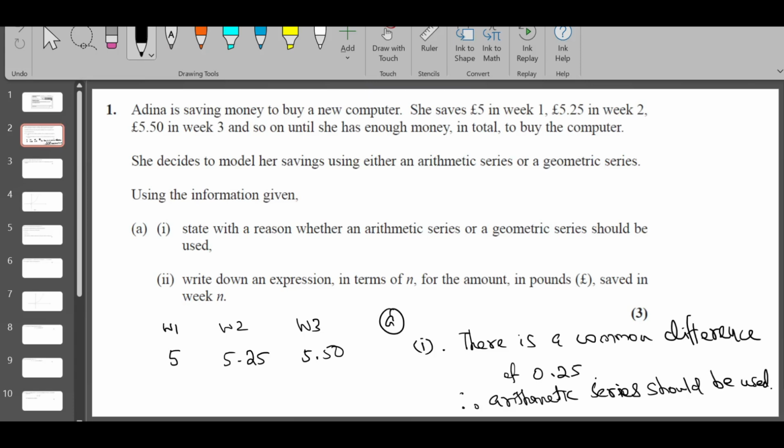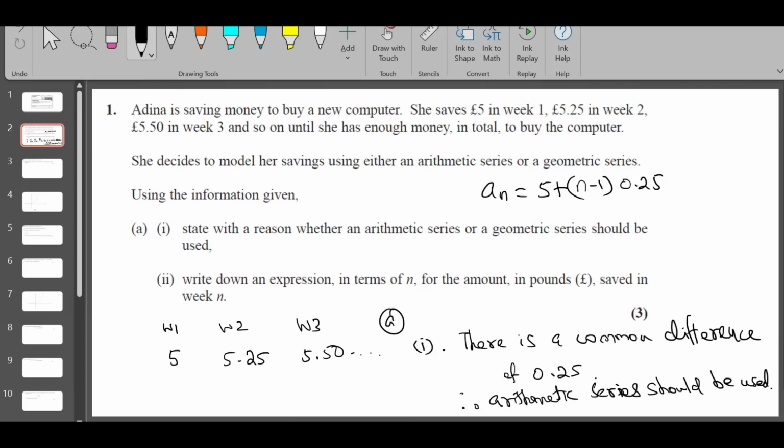Write down an expression in terms of n for the amount in pounds saved in week n. So this is week 1, week 2, week 3, week n, and week n is the nth term, that's a plus n minus 1 times d, the common difference d.